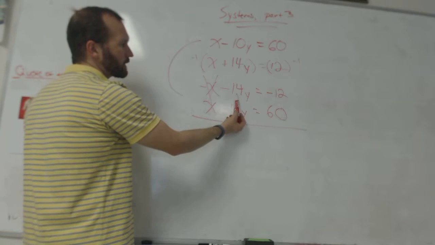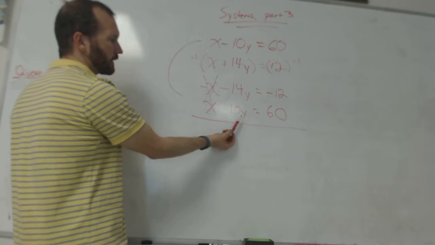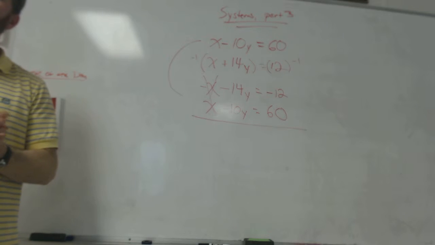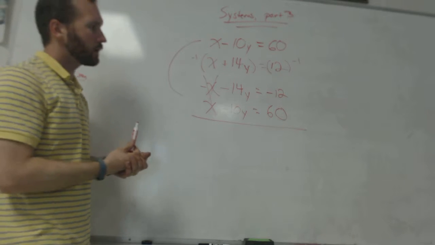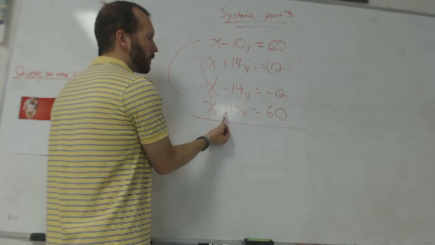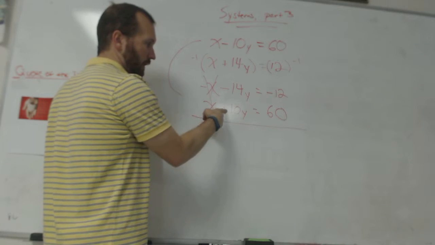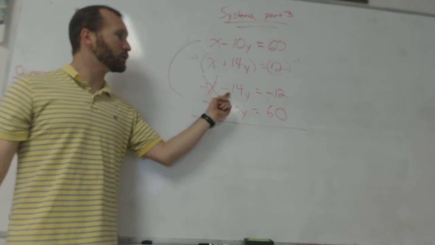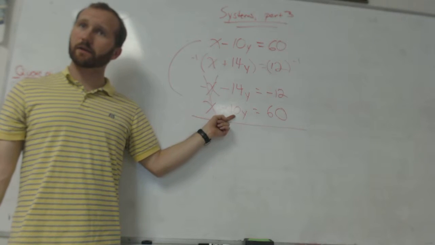What's negative 14y plus negative 10y? Two negative numbers being added together. Negative 14y plus a positive 10y would give me negative 4, but in this case, I have two negative numbers adding together.